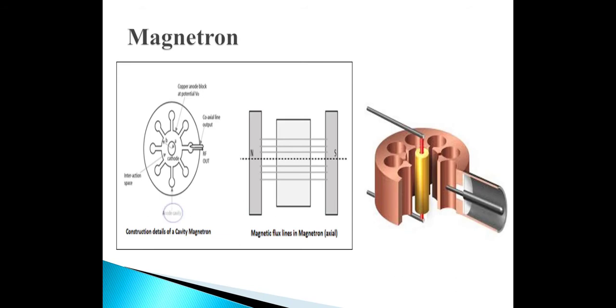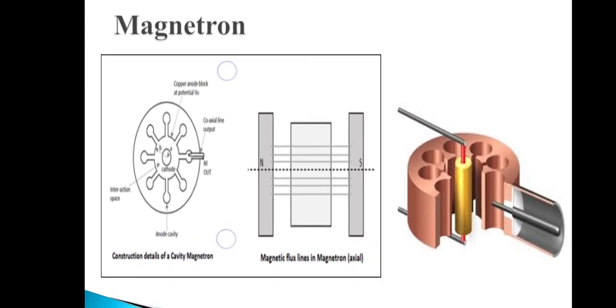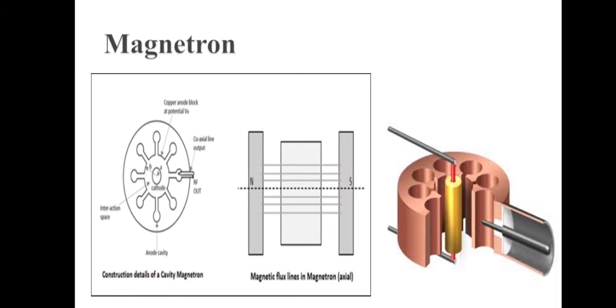So this is the inner structure of the magnetron. This is the 3D view of the magnetron. The construction details of the magnetron are shown in this diagram.